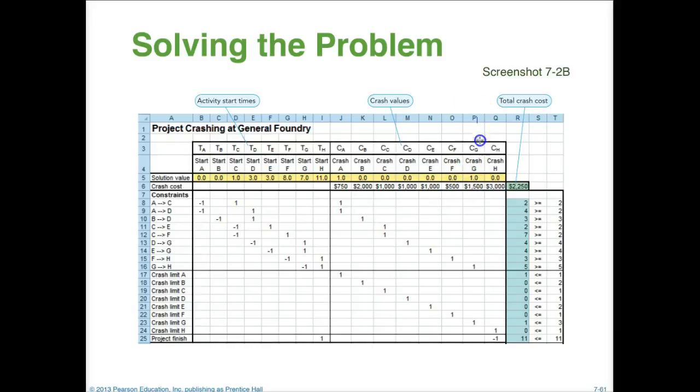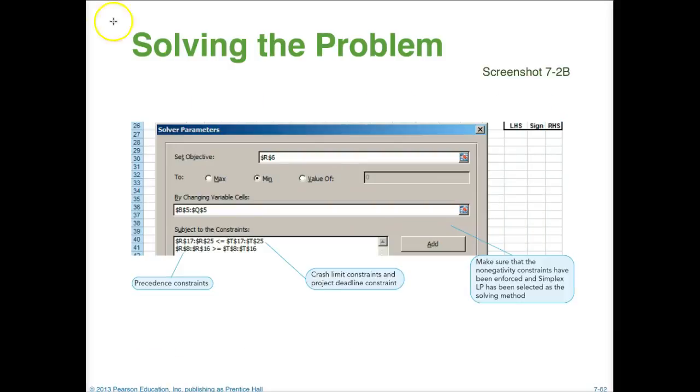And the only other activity that we decide to crash is activity G. We crash that down to 1 week. So of course we do that. We find out that information by basically just running our Excel solver here, and I won't get into too many details on that because at this point, if you've been watching the videos, you kind of know how to run the Excel solver.